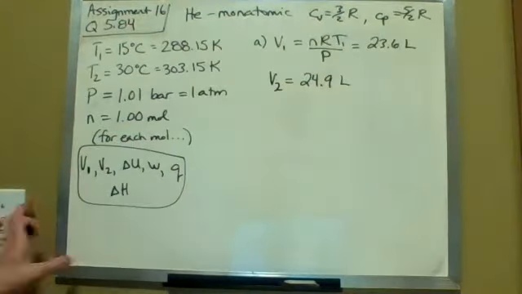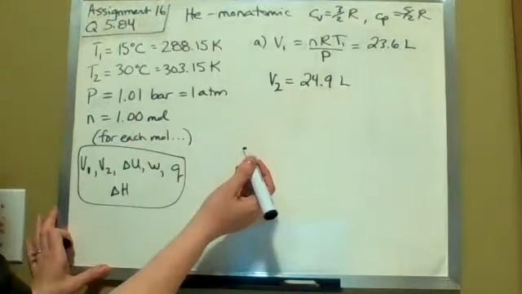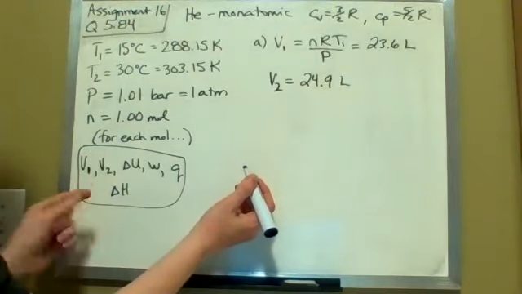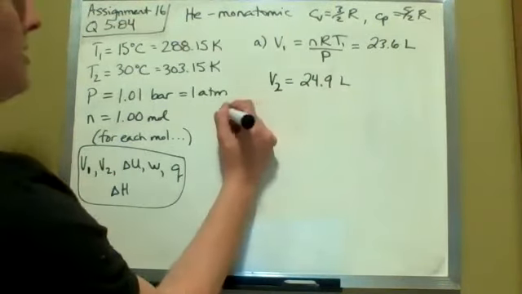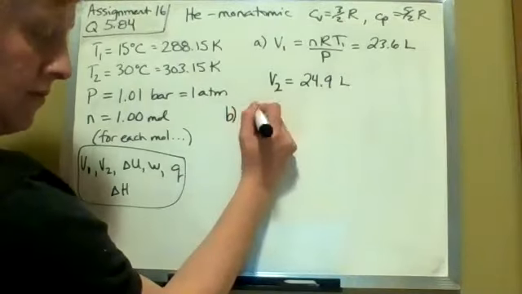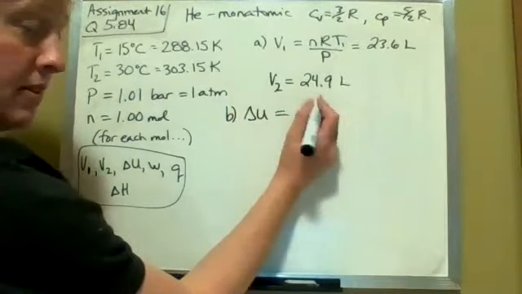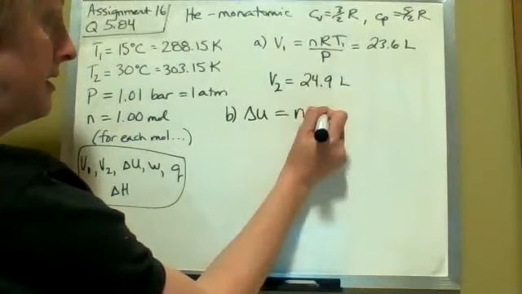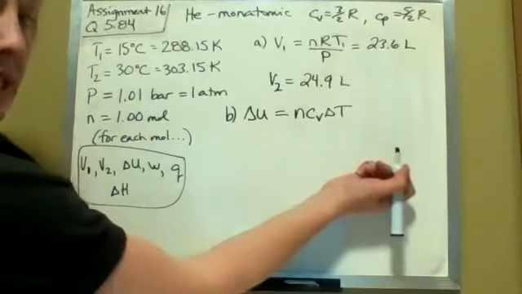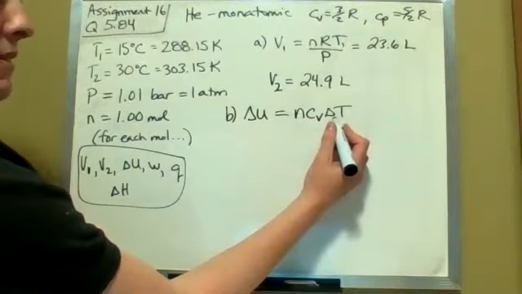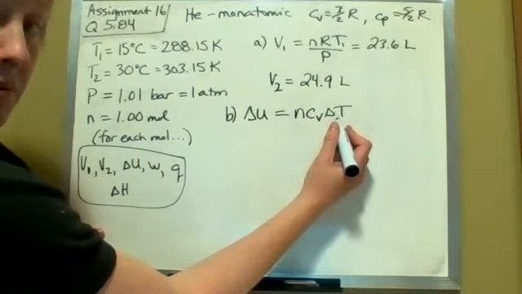Next, we can do either delta U or work. Do we have everything we need for delta U? Well, it is what they're asking for next, that is B. The delta U for expansion or compression of an ideal gas is nCV delta T. I know n, I know CV, and I have delta T because I have the two temperatures.